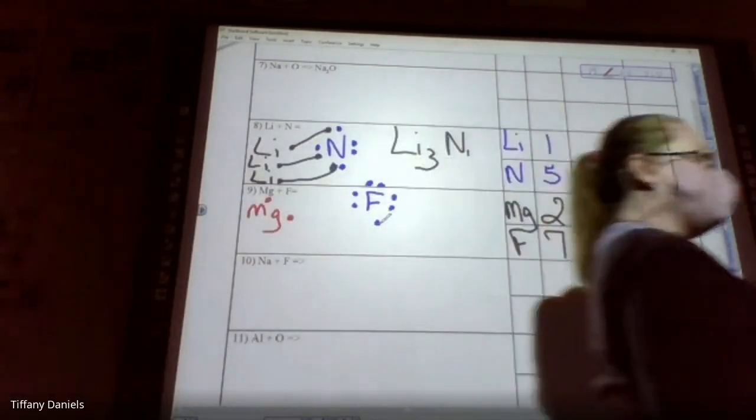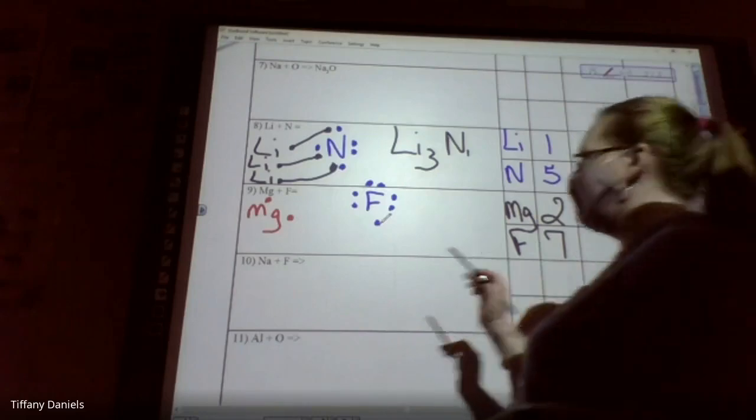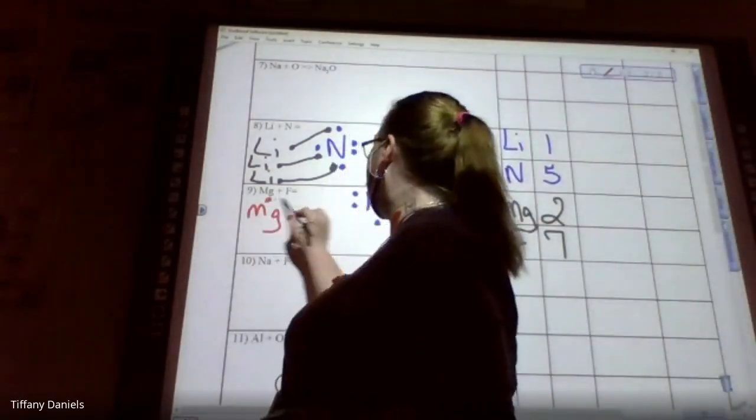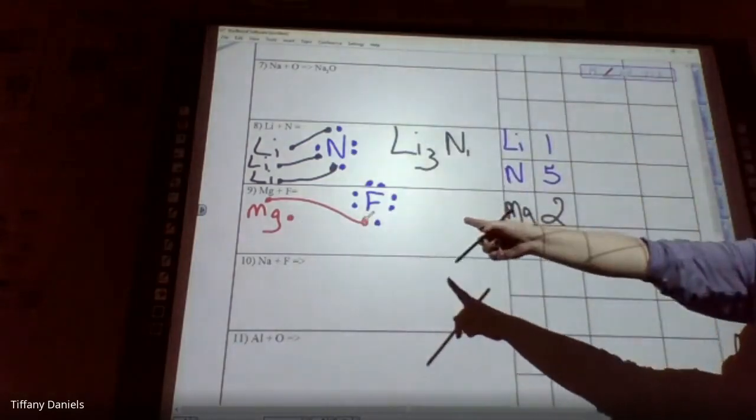Okay. Magnesium has to get rid of both. It can't just throw one away. So what do we do? We need another fluorine. So if we give this one away over here, we've got 1 left.